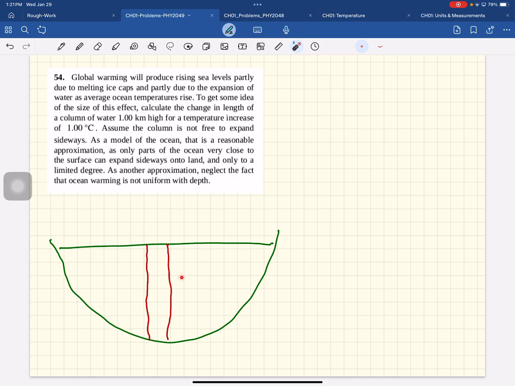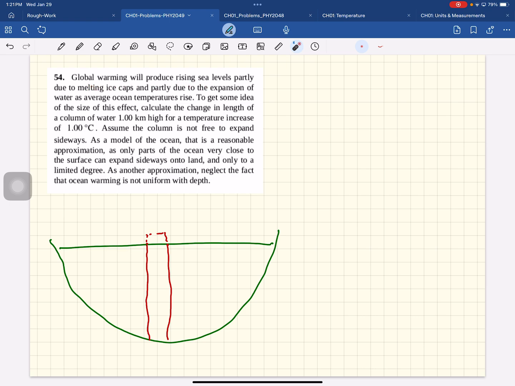We'll assume that it cannot expand sideways, so all the volume increase will happen in this direction. The problem is: if you warm the ocean by 1 degree Celsius, how much would sea level rise?